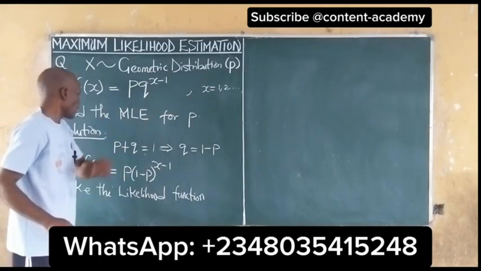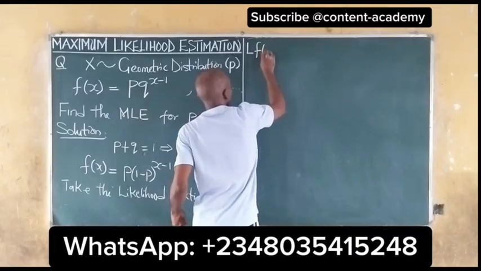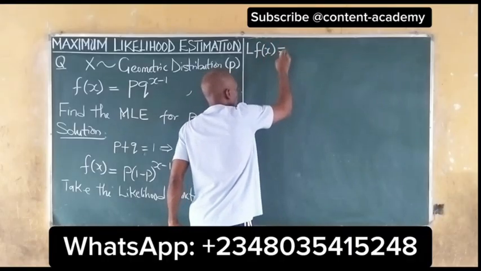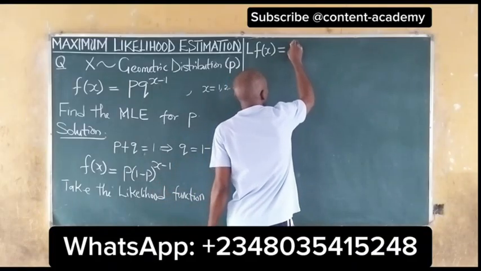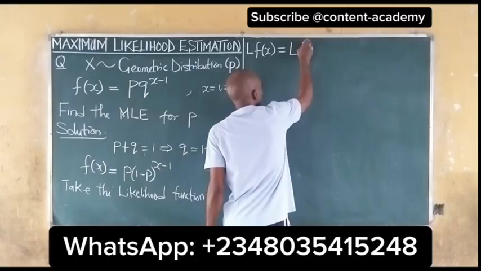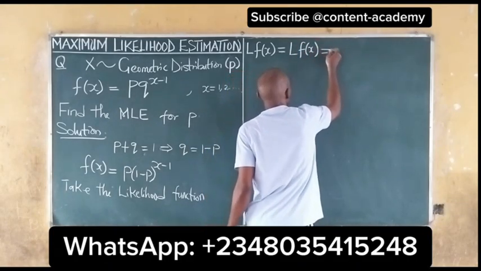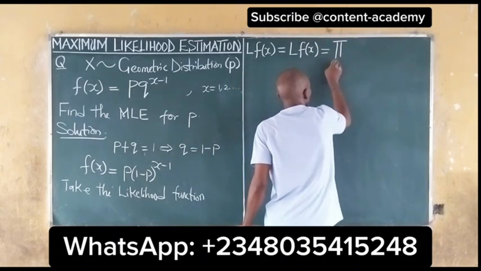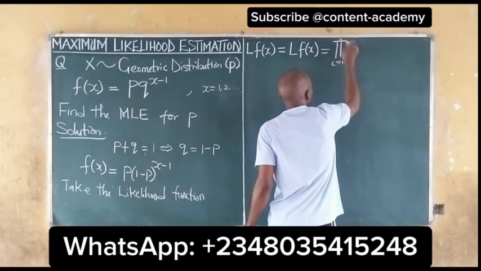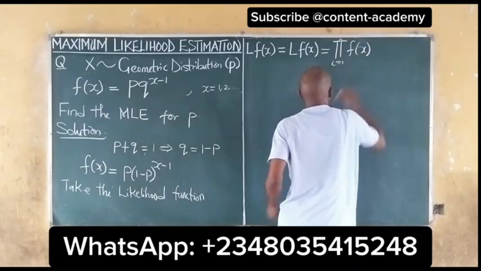We move over to this other side of the board. So the likelihood function of our given PDF is equal to the product of the given function.